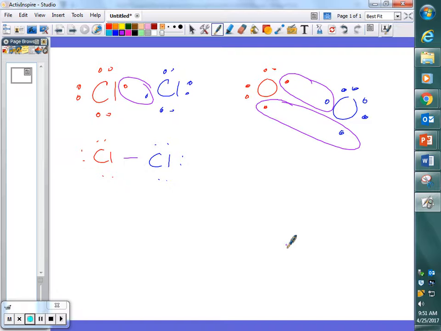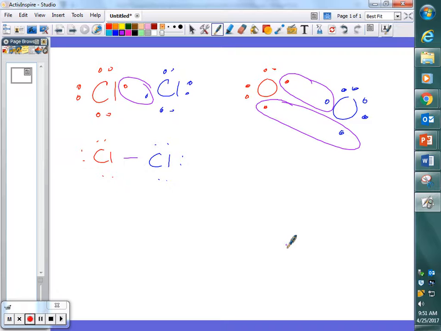So we have covalently bonded, but how many covalent bonds have we made here? 2, right? Each pair of electrons is a covalent bond. Here, there are 2 covalent bonds between oxygen.